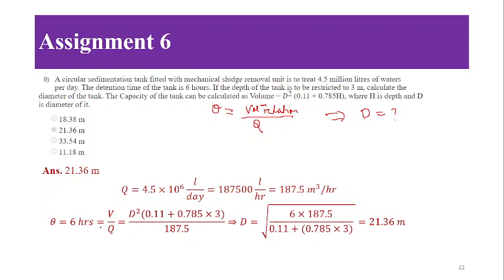And now you know the 6 hours of detention time, and you use this relation V by Q, and the relation for the volume is given here, and you rearrange this equation to get the diameter as 21.36 meter, which is the second option here.